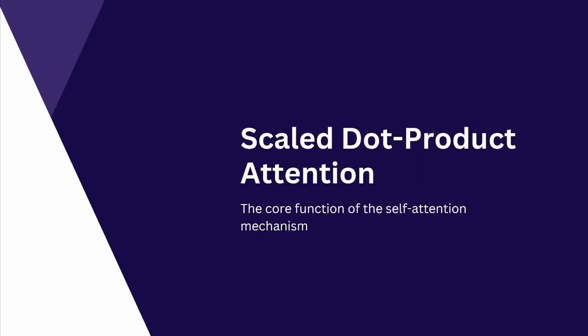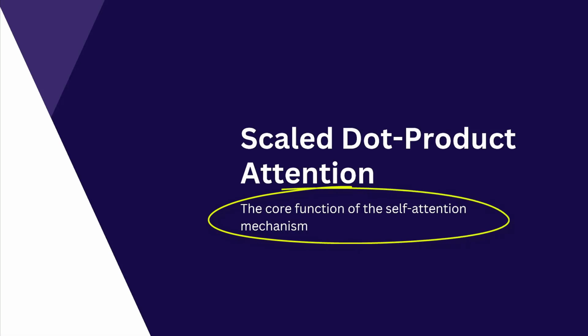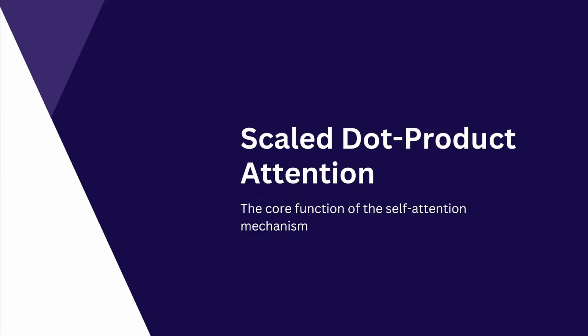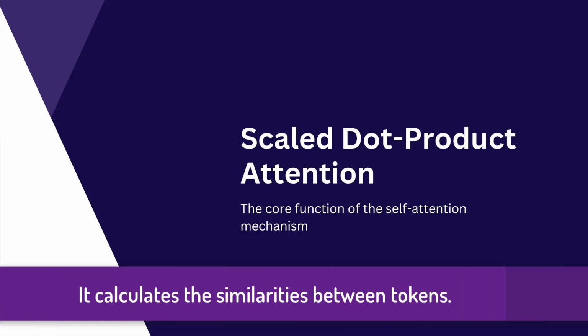The next one is the scaled dot product attention. Scaled dot product attention is the core function of the self-attention mechanism that uses this transformer architecture. It calculates the similarity between tokens by taking the dot product of their embeddings and scales the result by a constant factor.